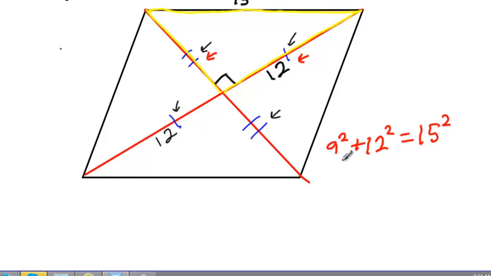So we just have to solve for a, and that's what's going to be right here. So what do we have? Well, we have a squared plus 144 equals 15 squared. 15 squared is 225.